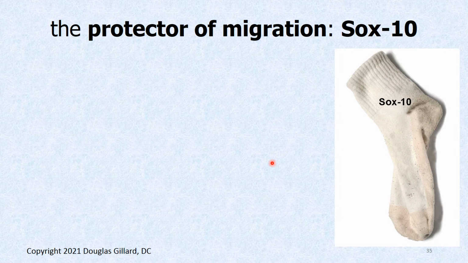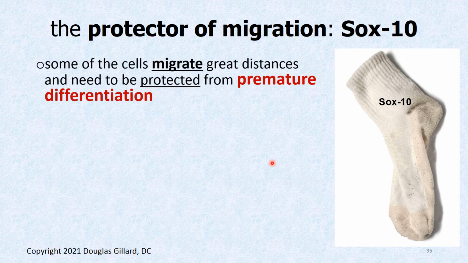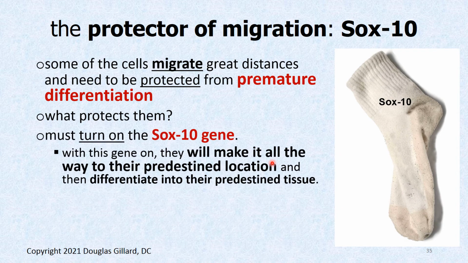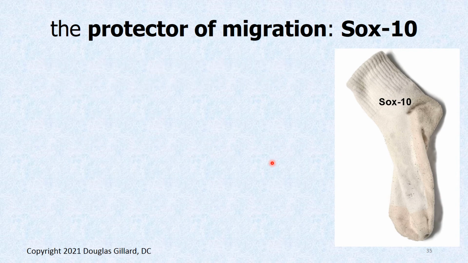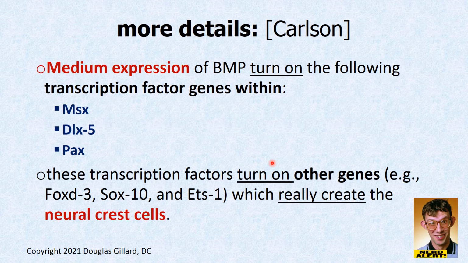There are some protectors of this migration process, because it's not easy migrating out of the neural tube and then migrating to your final destination. Some of the cells migrate great distances, as we'll see. Some of them have to migrate all the way down to your little toe, because nerves go down that far. So they have to be protected, and the SOX10 gene is the one that protects them. Was that on our list over here?